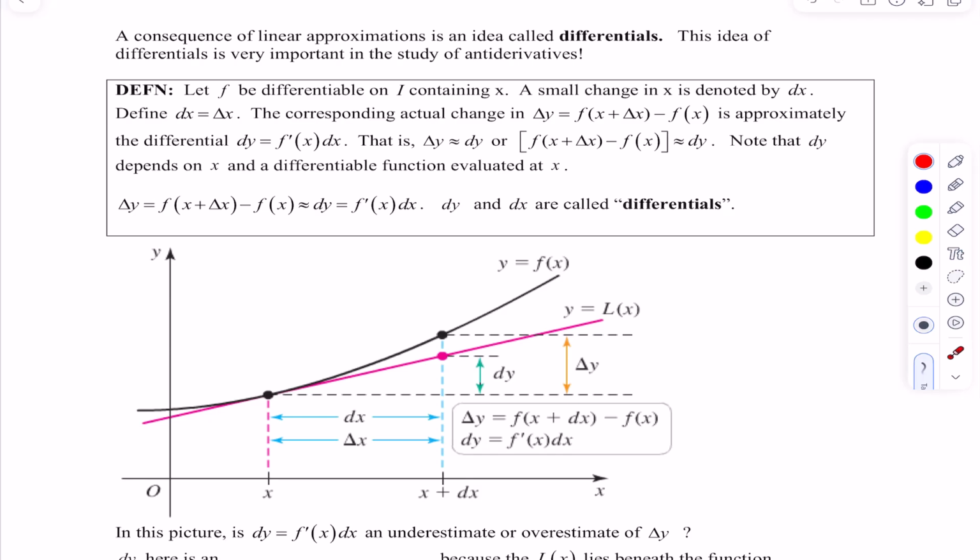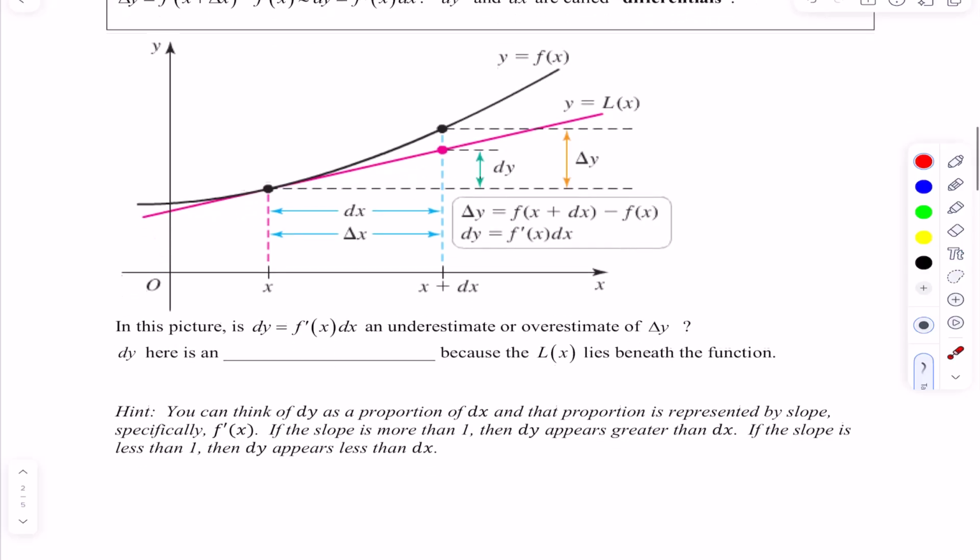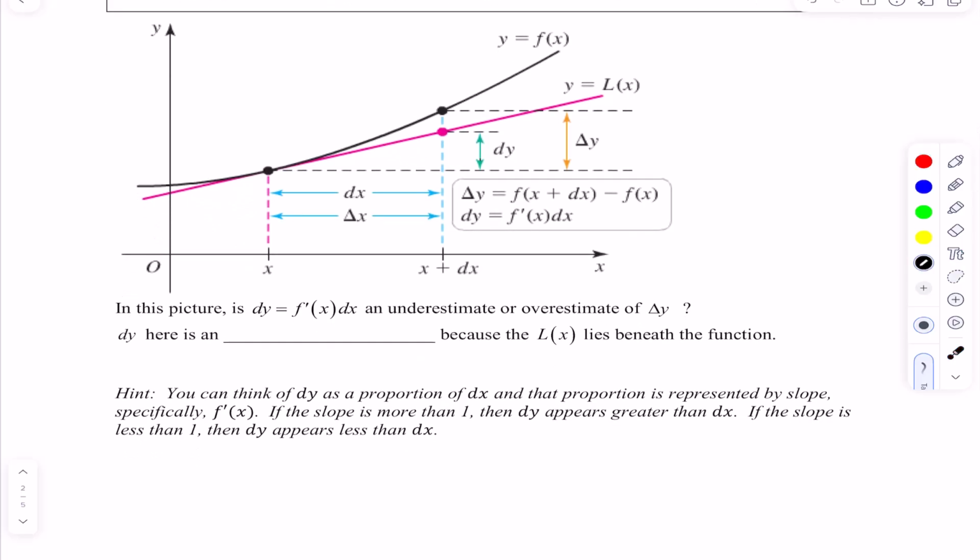We can illustrate this change or small changes with a geometric picture. Consider a function f of x, and you have its linear approximation right there at the point of tangency, which is x, f of x.